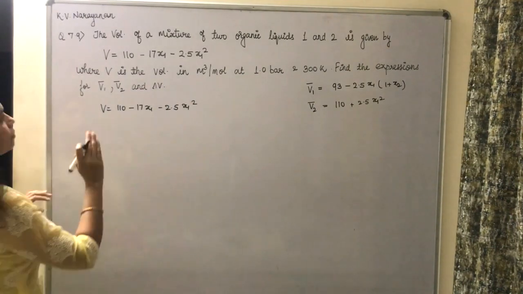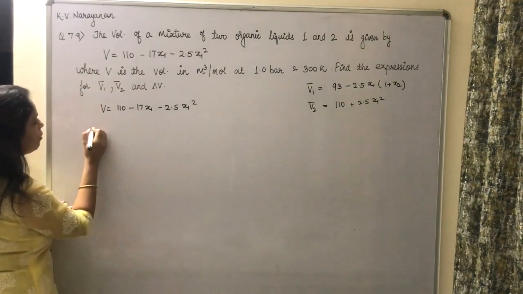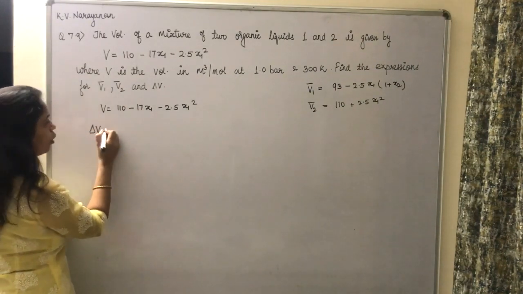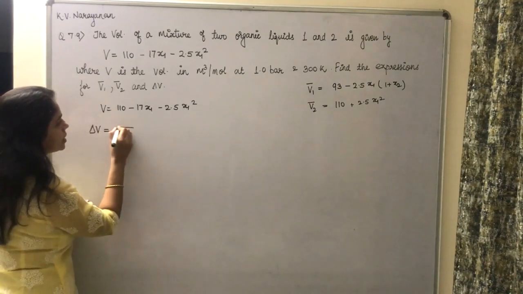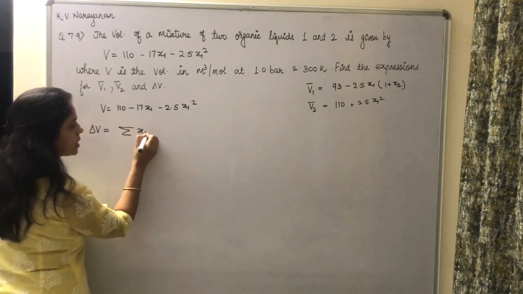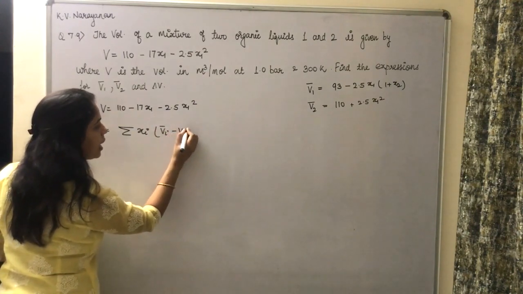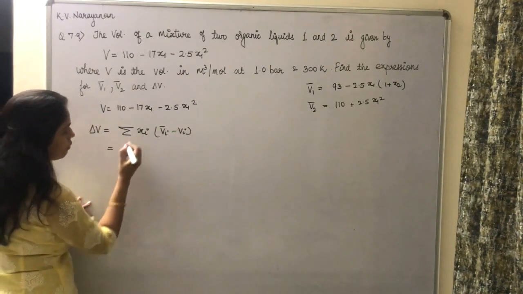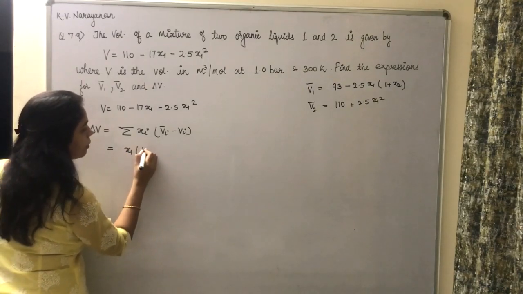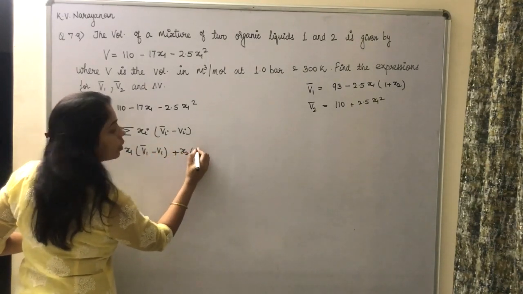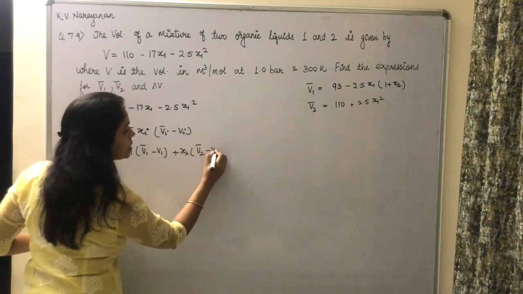Now let's find the value of delta V. The change in volume at a standard state is given by the summation of xi (Vi bar - Vi), and for any binary solution we can write x1 (V1 bar - V1) + x2 (V2 bar - V2).